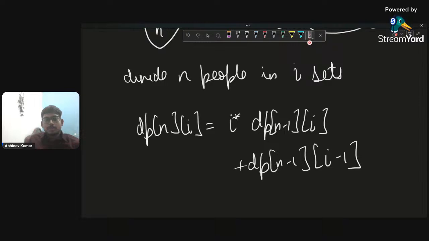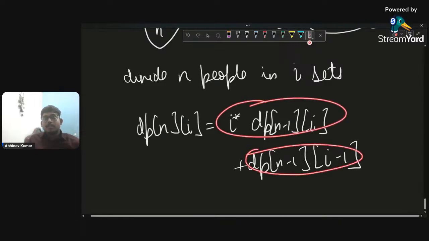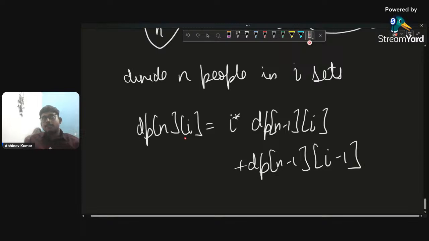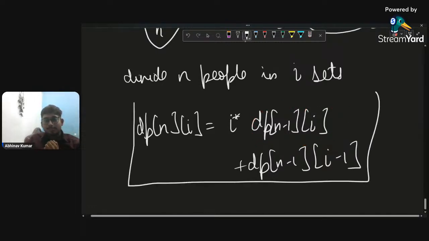So this is that case, and this was the case where the set to which the first person is assigned is not assigned to any other person, so the remaining I minus 1 sets are assigned to n minus 1 people. Or if that set is still assigned to some more people, there are more than one person in the first set, then there are I different ways for this person to be assigned some set. I hope you understood this transition.